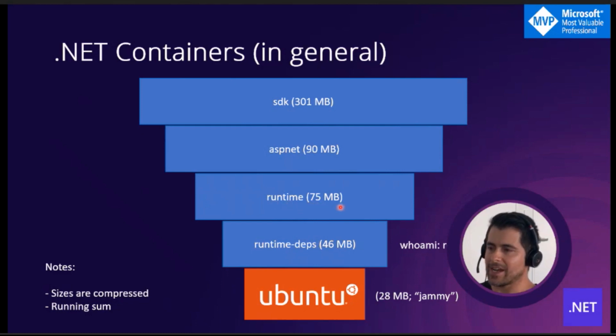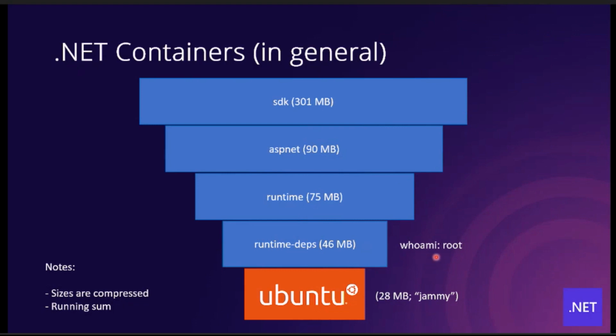The runtime on top of that, 75 megabytes. If you want to leverage ASP.NET, you have more on top of that, 90 megabytes. If you want the whole SDK, 301 in total. So things get really large. These sizes are compressed, and that's a sum. As you put more things in, you just make things bigger. The other thing that we have in here is who am I?